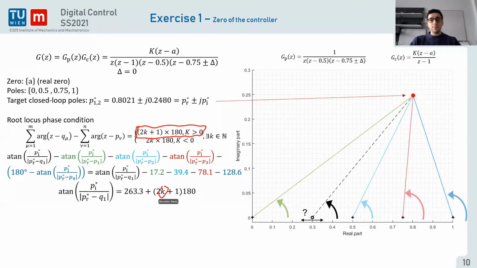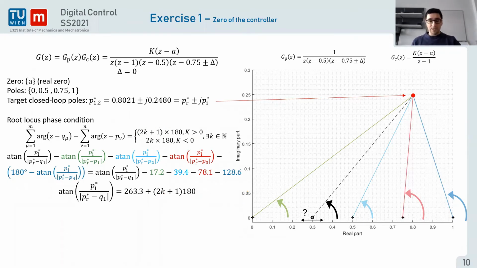The small k here is because we can have some rotations, okay? We are multiplying by 180. I just kept everything in degree, so 180 degree. But otherwise, you can just say it's 2k plus 1 times pi, and as k is multiplied by 2, if I change k, I'm just adding 2 pi every time, and for an arctangent, the 2 pi is periodic, so there's no problem.